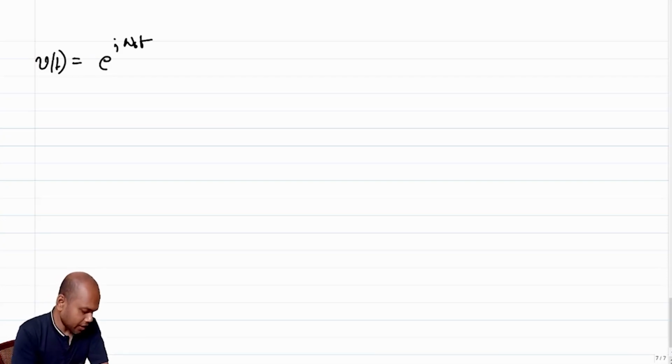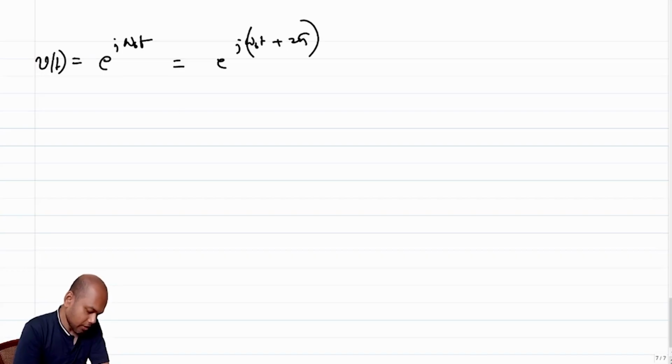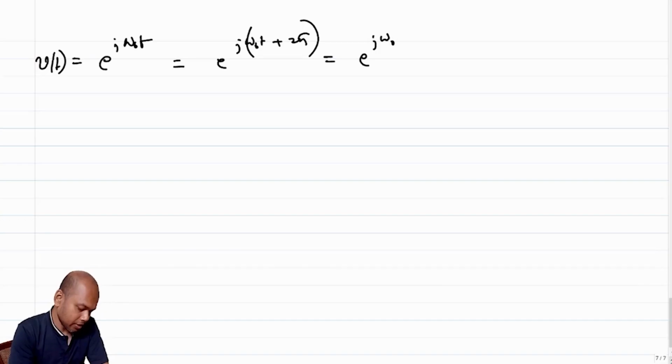Obviously it is periodic, because I can always add 2 pi, so this is equal to e to the power j omega naught t plus 2 pi, which is e to the power j omega naught times t plus 2 pi by omega naught.